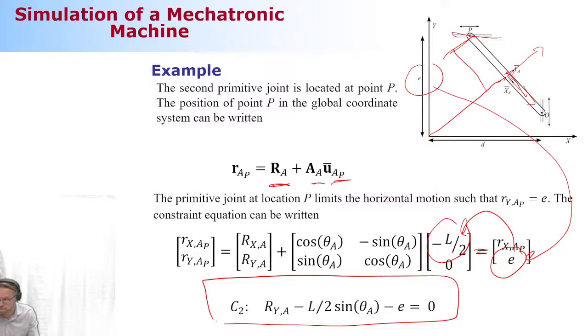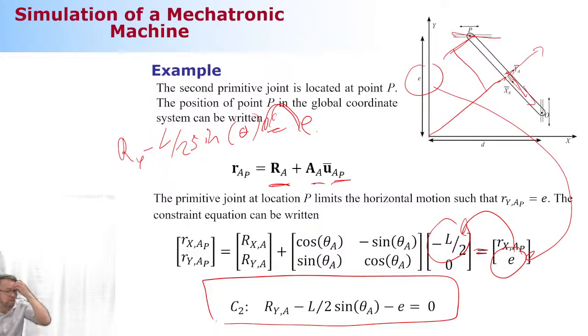It's like this: Ry minus L divided by 2 sine theta equal to E. And now the E goes in this direction, sorry about my mess. That's why the minus. Okay, fantastic. We're all on the same page.